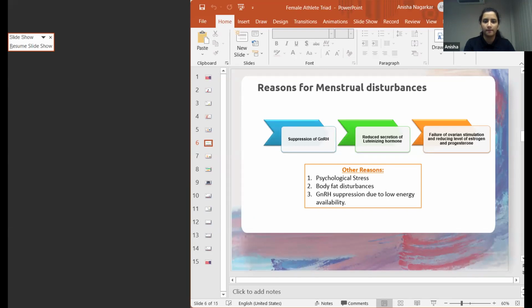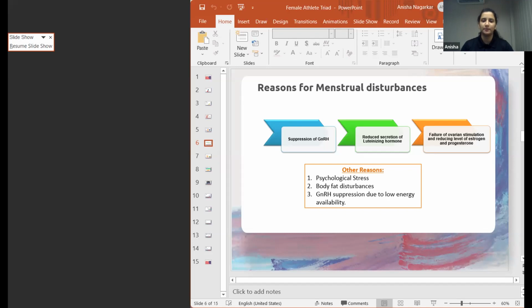The second is body fat disturbances. It might be because of unhealthy eating, because of which body fat keeps increasing, ultimately affecting hormones. And third is again GnRH suppression, due to low energy availability.